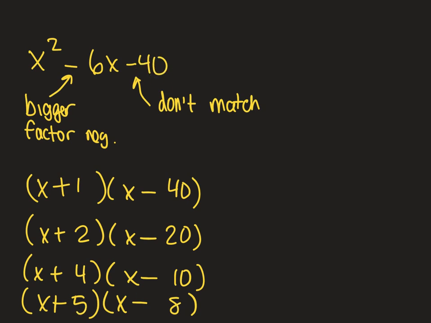Those are all of the options that make 40. Because I have one of each, it makes a negative 40. Now, you look through the list, outer, inner, which one makes negative 6? Did you pick this one? Outer makes negative 10x, inner makes positive 4x. Together, we're subtracting these digits to get a negative 6.